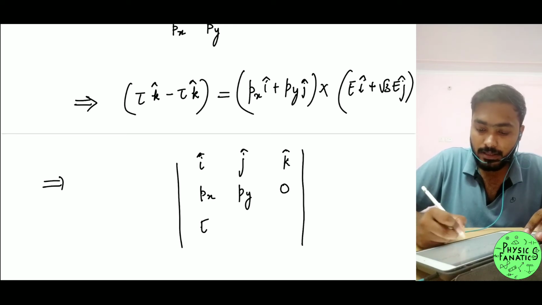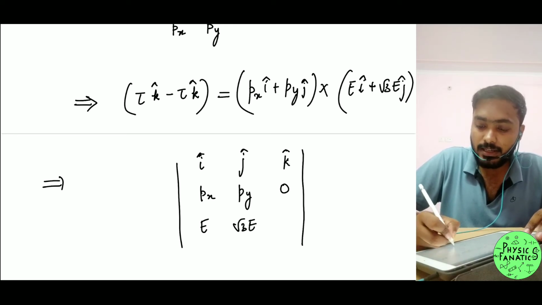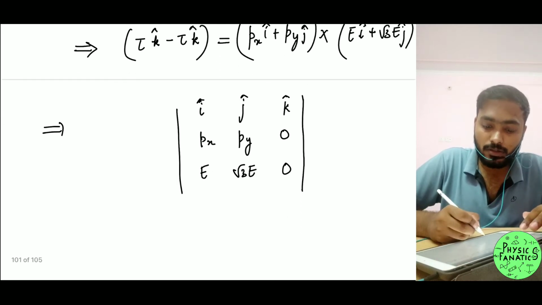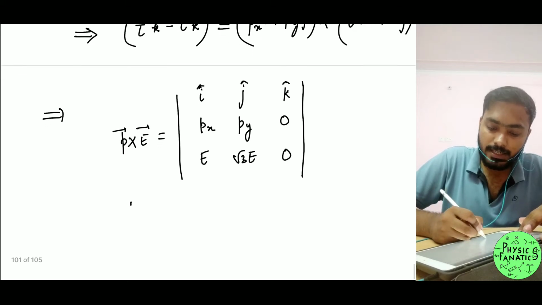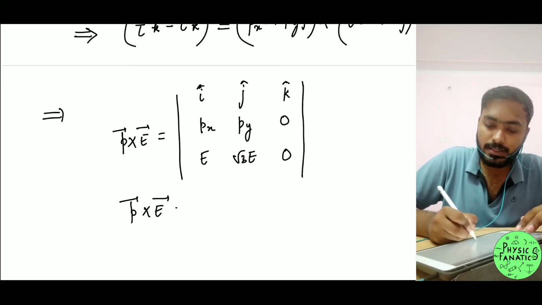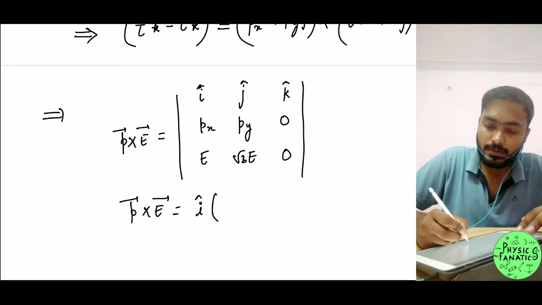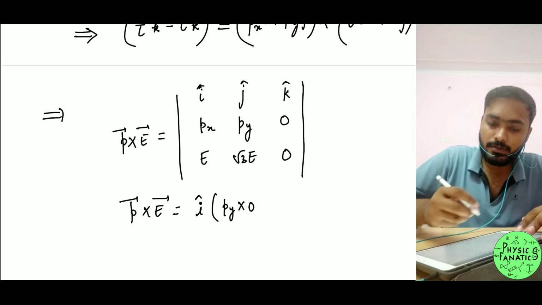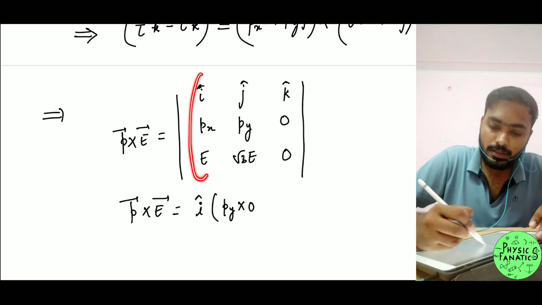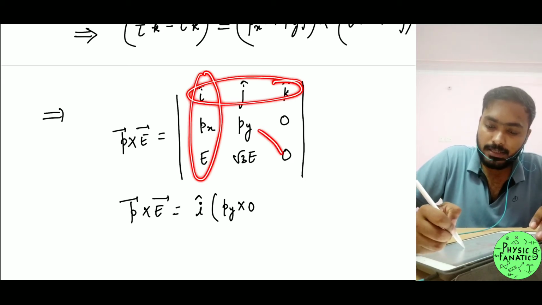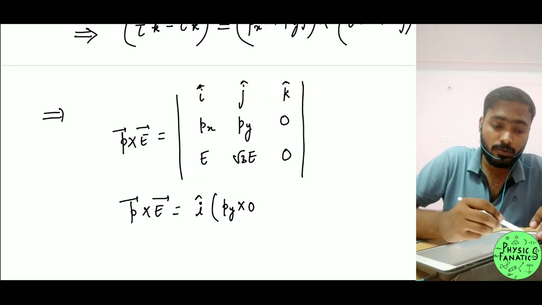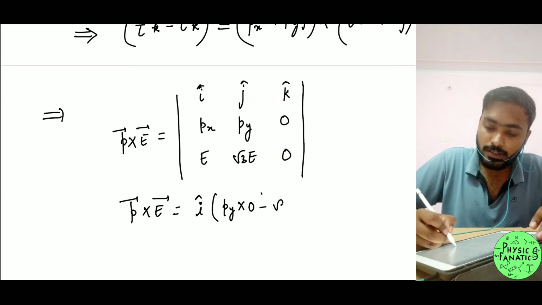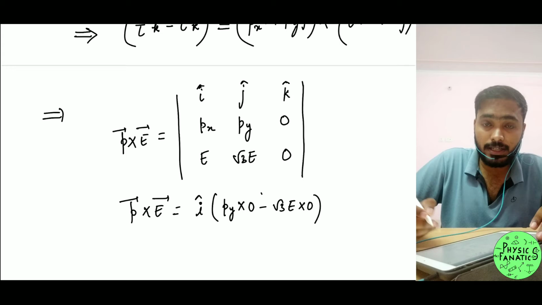Very similarly E, this is root 3 E and this is 0, right? So when I do P cross E, for i cap it is Py multiplied by 0, Px into 0 minus root 3 E into 0. I hope you can see that.